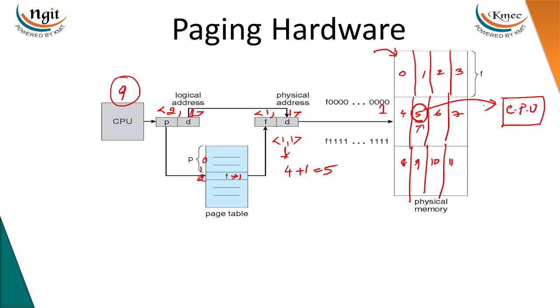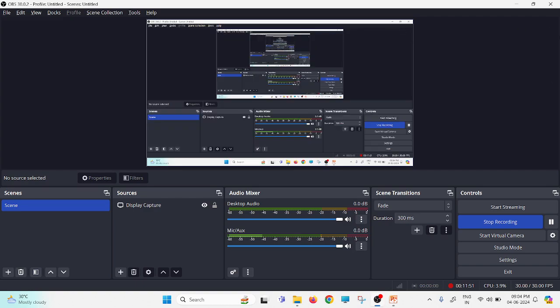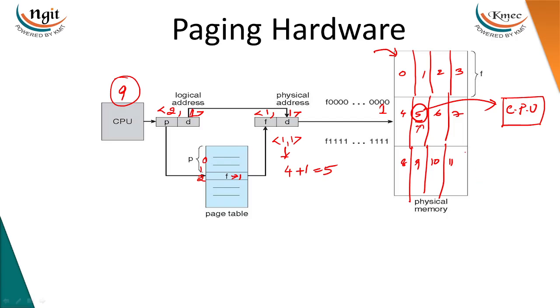And I told you these page tables and frame tables are stored in the main memory. Now we need to see one more point: every process will have a page table.